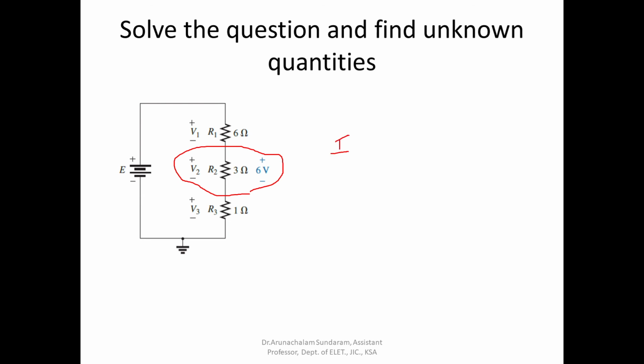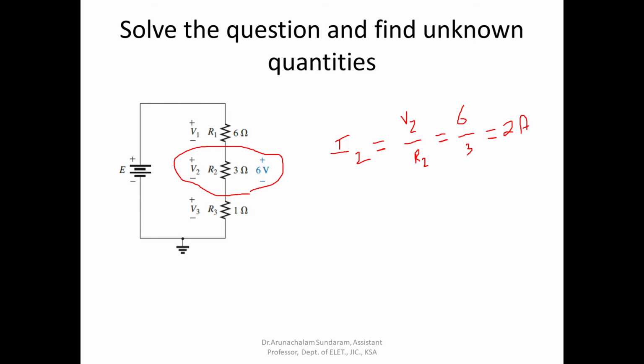Current in the resistor R2 is equal to voltage in the resistor divided by the resistance. What is the voltage in the resistor? They have given it as 6. And the resistance is 3. So from this you can find the current is 2 amperes.